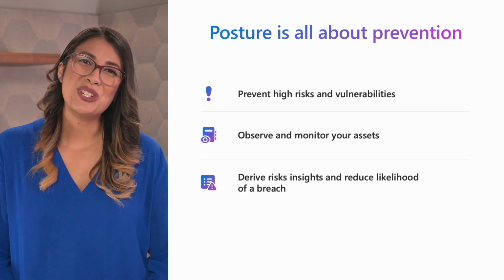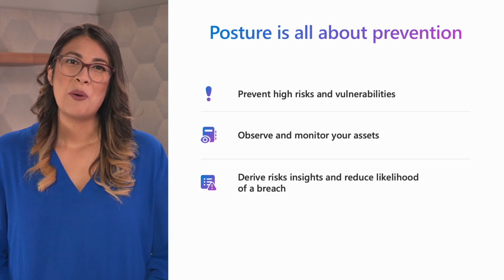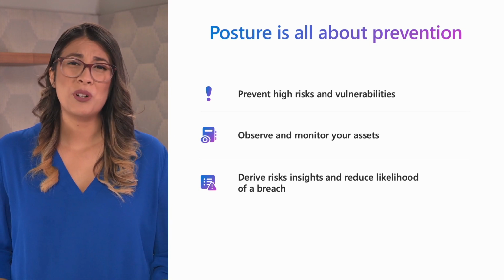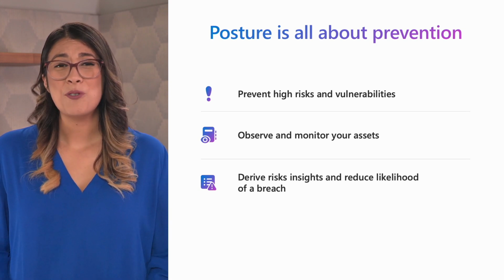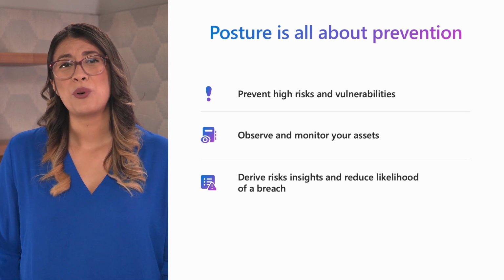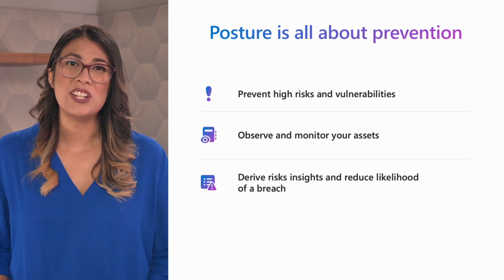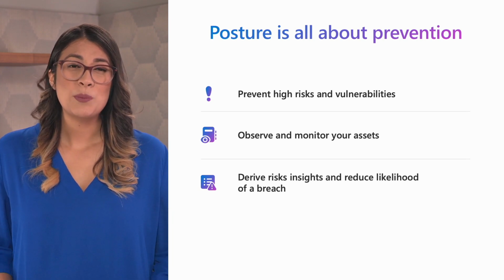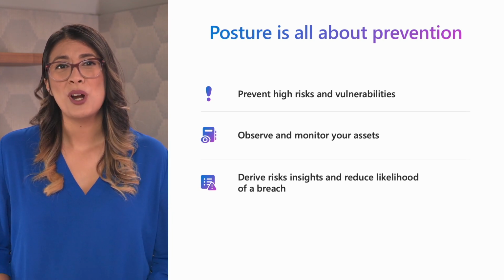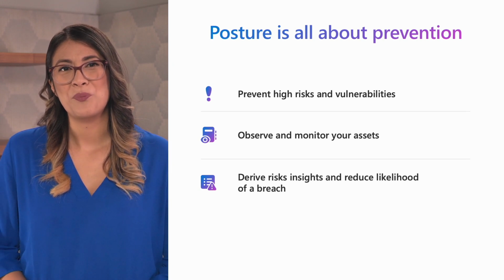Next, posture is all about prevention. By improving your posture, you're preventing high risk and vulnerabilities. It is very important to continuously observe and monitor your assets across various attack vectors, detecting potential and actual leaks and pressure points that threaten your sensitive data flow.